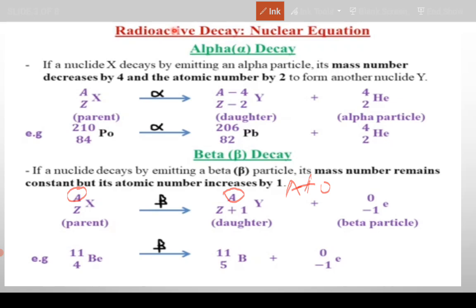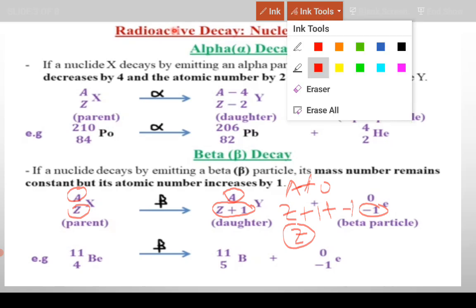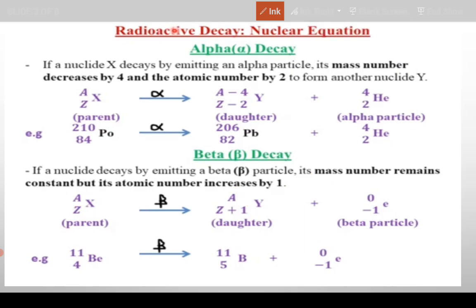Similarly, if you take Z plus 1, which is the charge on the new element, the daughter element, plus the -1, it is going to give back the original atomic number, which is Z over here. So that's what we have. I hope we are together.